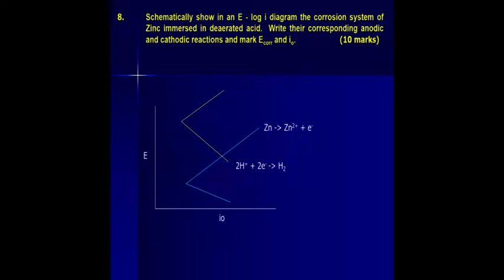Write their corresponding anodic and cathodic reactions. So these are the standard anodic reaction, cathodic reaction, and for anodic reaction, a positive slope has to intersect with the negative slope of the cathodic reaction. If you have done simply that, you get full 10 marks. No need to write anything beyond what is asked for.